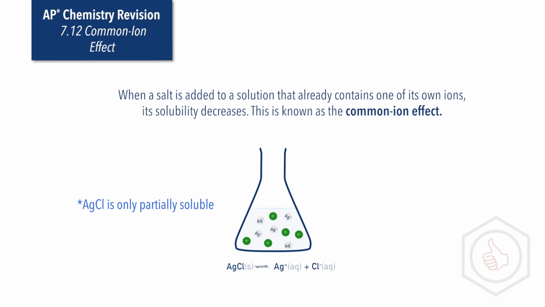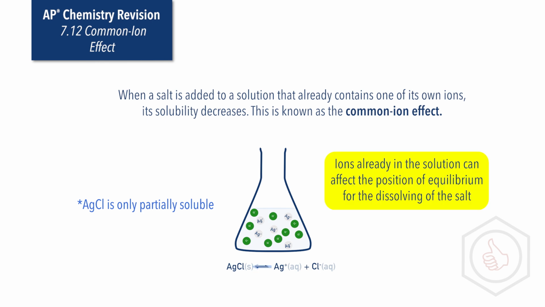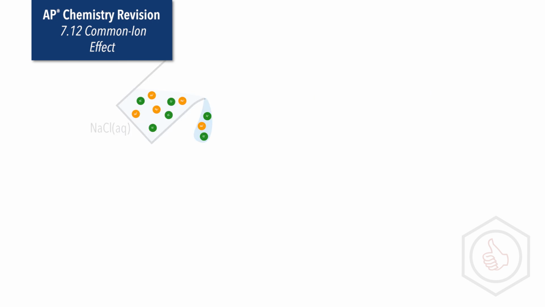But if the solution already contains chloride ions from another salt, such as sodium chloride, these extra Cl- ions shift the equilibrium of the solid dissolving to the left, according to Le Chatelier's principle. This effect can be observed when two saturated solutions, one of sodium chloride and one of silver chloride, are mixed.